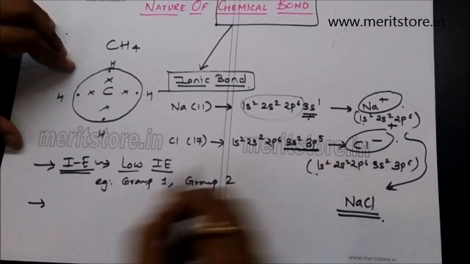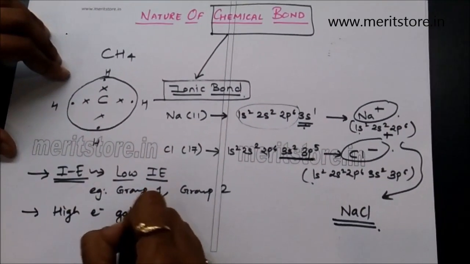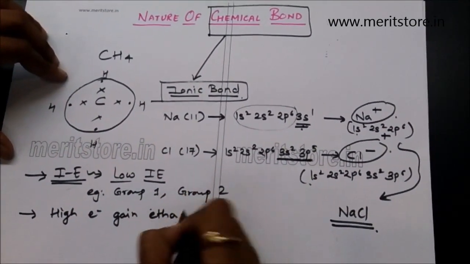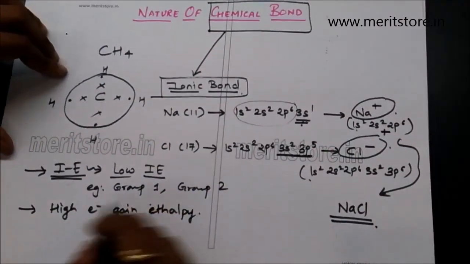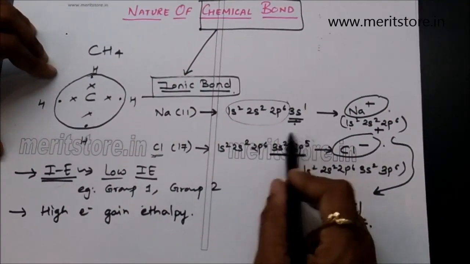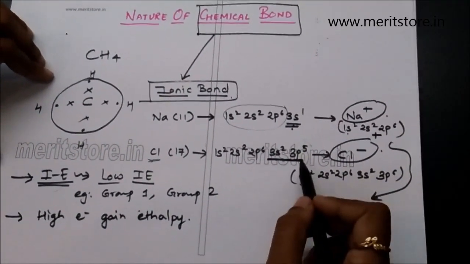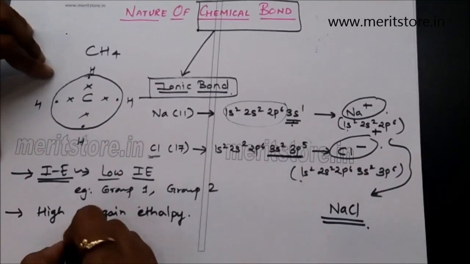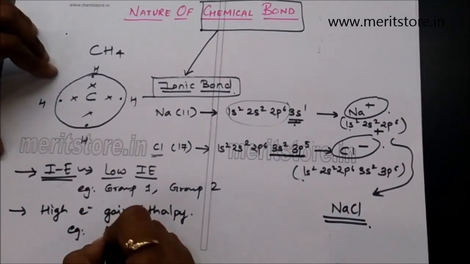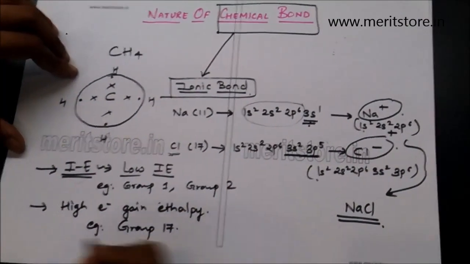Secondly, the elements which have high electron gain enthalpy. Since their electron gain enthalpy is very high, they can gain electrons easily. For example, chlorine contains 7 electrons in the outermost shell, so it can gain an electron easily and also tends to form the ionic bond. Mostly group 17 has high electron gain enthalpy.